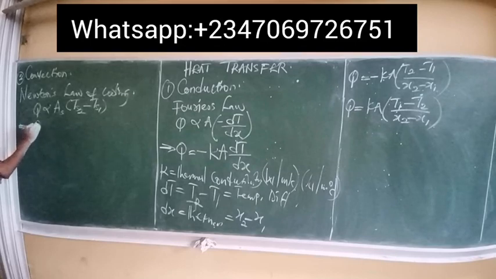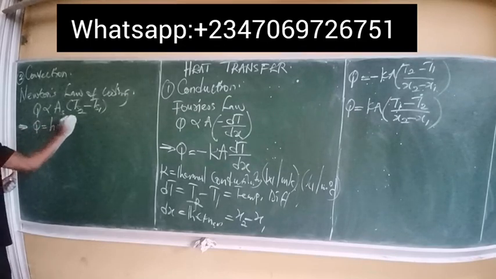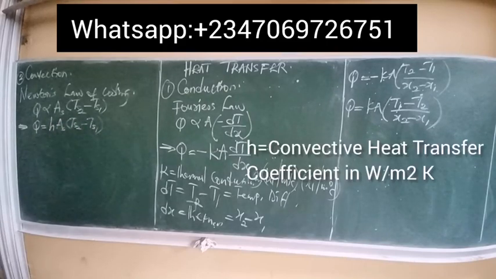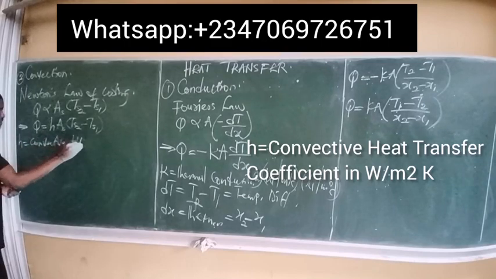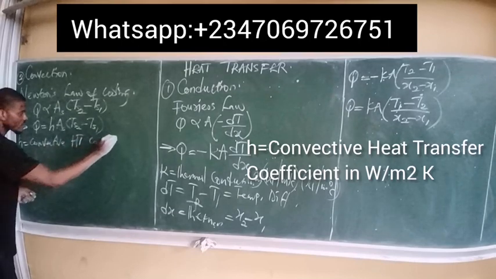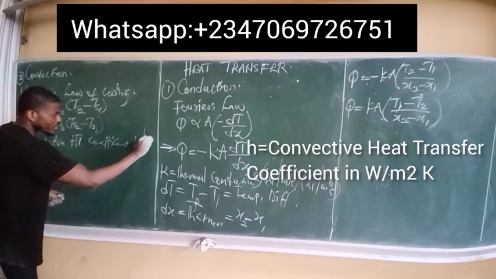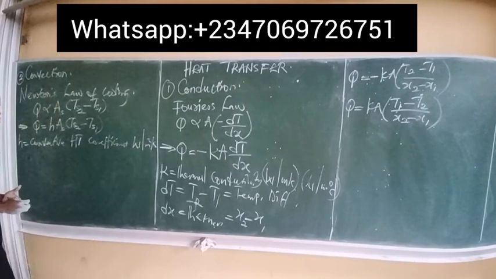We simply have Q equal to H As times Ts2 minus Ts1, where H stands for the convective heat transfer coefficient, and is measured in watts per meter squared Kelvin.